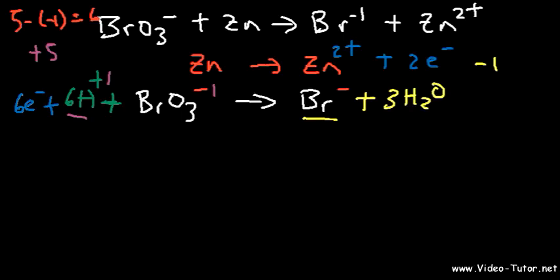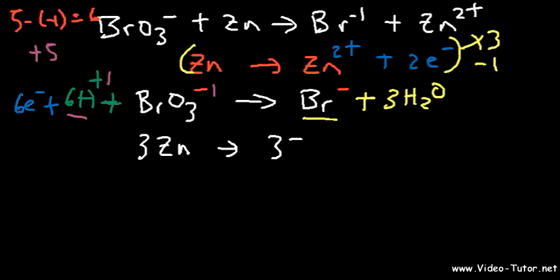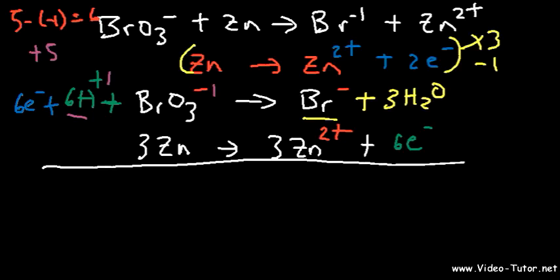However, the number of electrons are unequal, so we have to multiply this by 3. So we have 3 zinc atoms yield 3 Zn2 plus and 6 electrons. Now we can add the two equations.